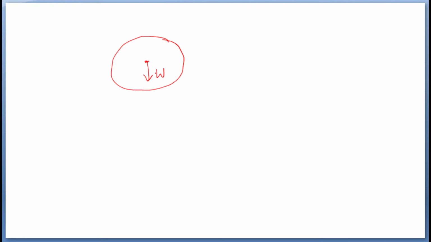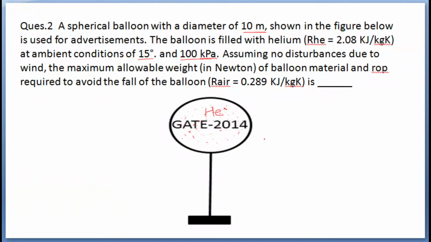Second, buoyancy force acting upward. This buoyancy force is exerted due to the atmospheric air. Atmospheric air tries to push the balloon in upward direction. So buoyancy force is acting in upward direction. Okay, very good.